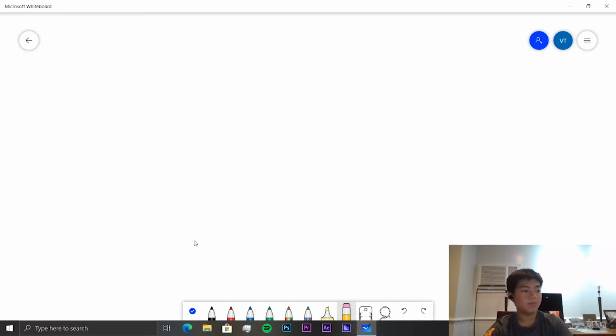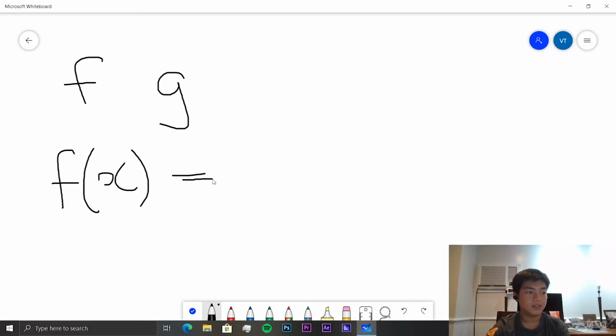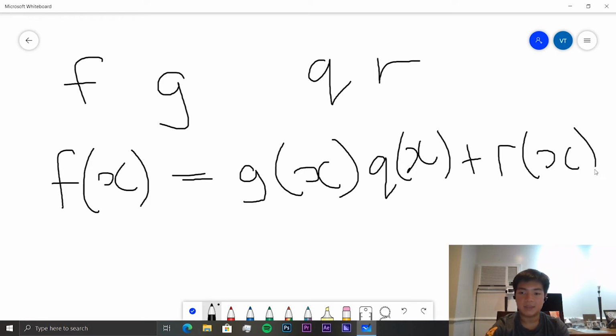It's like a theorem we need to know. For any two polynomials, f and g, there are unique polynomials, say q and r, that allow us to express f of x in terms of g of x times q of x plus r of x. All polynomials can be expressed in this form.